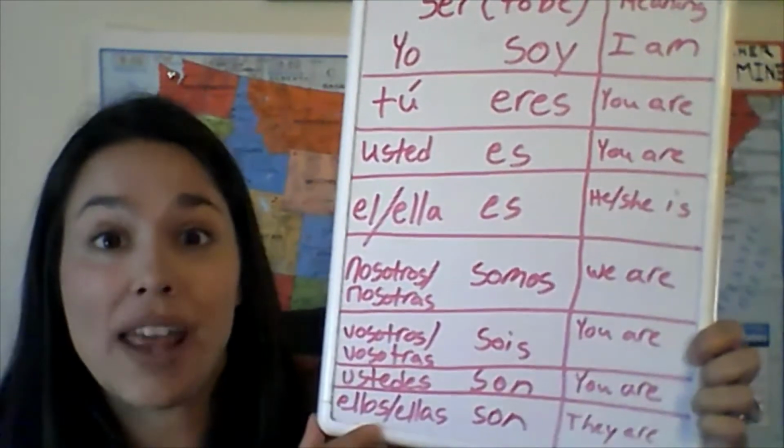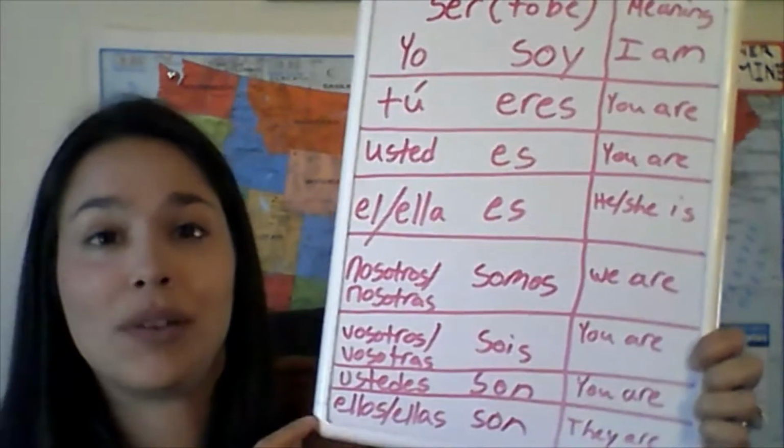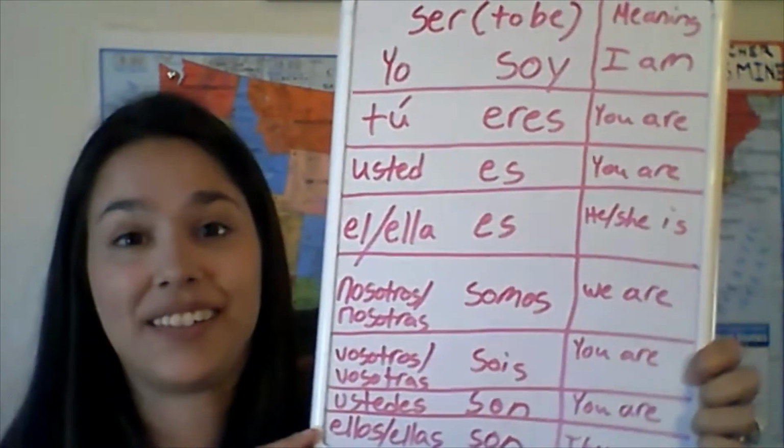Ellos or ellas son. They are. Good job. Spanish does not have a subject pronoun for it or they when referring to things. When subject pronouns are used in Spanish, they are usually used for emphasis. Let's look at some example sentences.